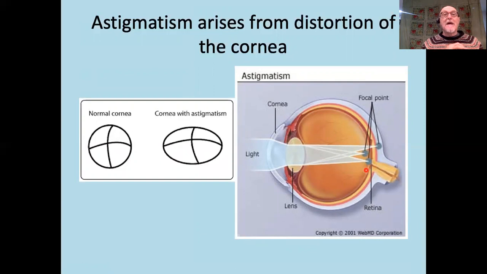So again, astigmatism is very, very common, and some degree of astigmatism is probably inherent in virtually all lenses, in all corneas, but it's only when it becomes severe that it radically affects the image that people are seeing. And again, it can be corrected usually with the correct lenses.